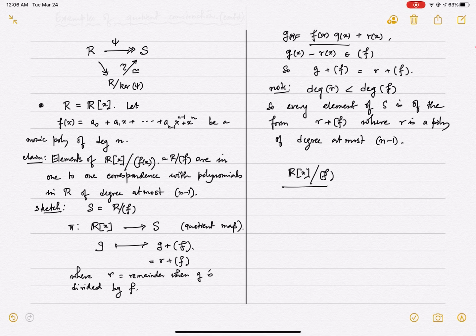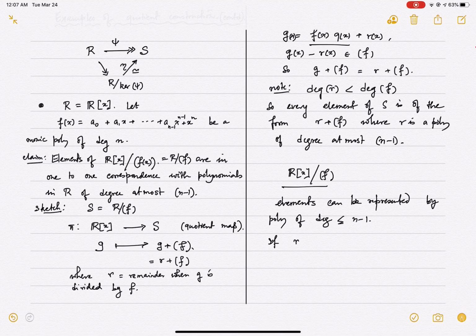So elements can be represented by polynomials of degree up to n minus 1.